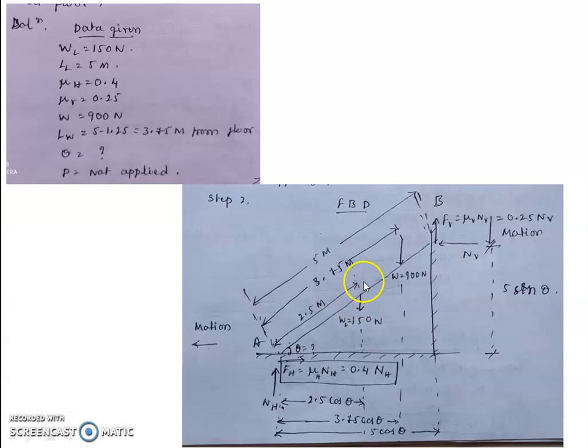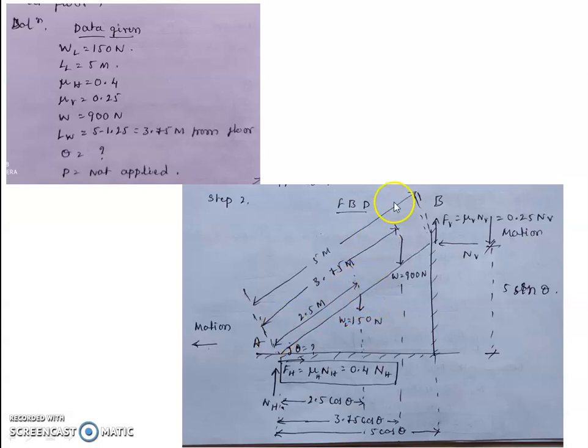Now I will find the horizontal, that is, perpendicular distance from point A. I considered A as a reference point. Then what is the perpendicular distance d from point A to the weight of the ladder? The weight of the ladder will always be at the midpoint of the ladder.